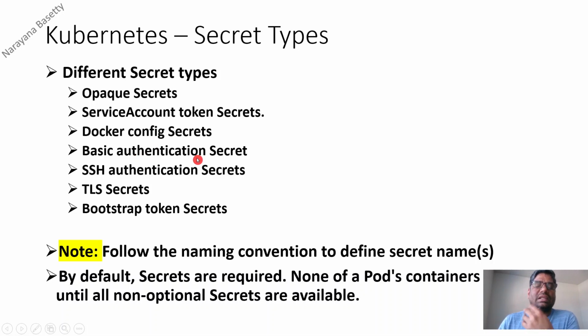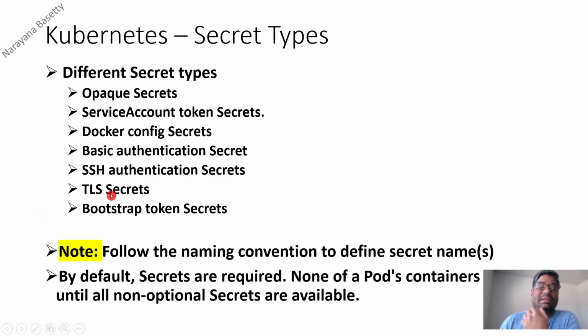Basic authentication is like username, password based. If you want to authenticate with a basic secret for your services, yes, you can. SSH authentication is like public key, private key, SSH files, so that whoever wants to connect to my pod via SSH, it will restrict.